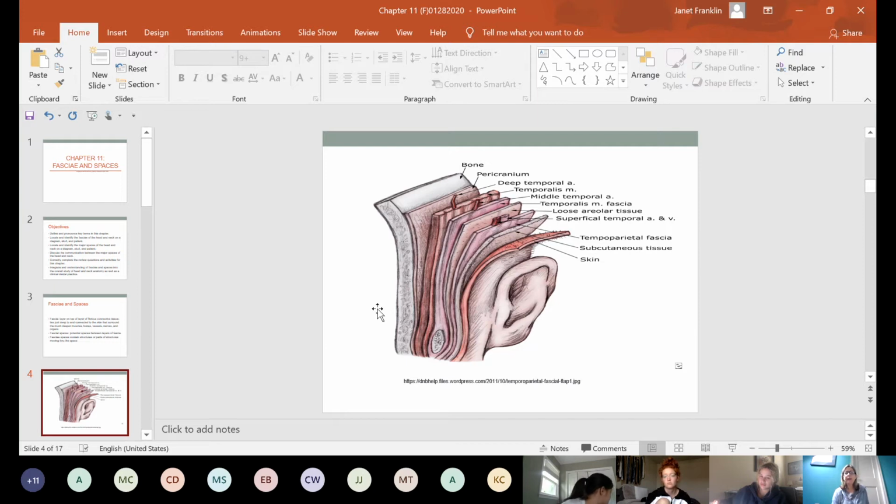They help keep your organs in place so everything doesn't just fall all over. They fill in the missing areas and keep it all connected together. That's the function of the fascia. It's connective tissue that holds things in place. It can contain muscles, arteries, veins, bones, all kinds of stuff.